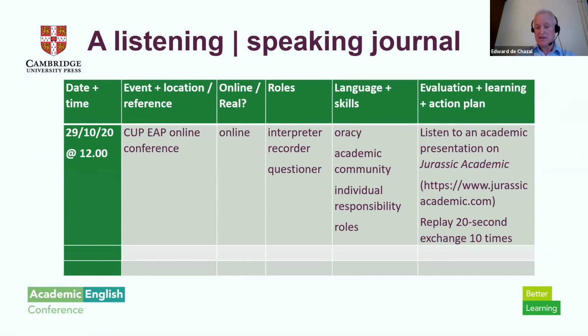I've thrown in a few examples. You might think, ooh, oracy, I'll put that down. And then what's your plan? Well, I've suggested, because I've put my roles on my website, Jurassic Academic, I live on the Jurassic Coast, and that could be an action plan. So in the role of student as learner, you can fill this out today. This is a sample here.